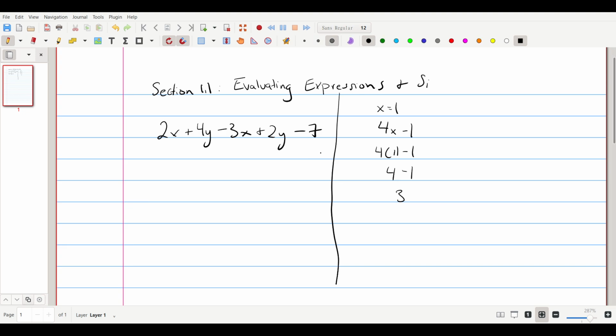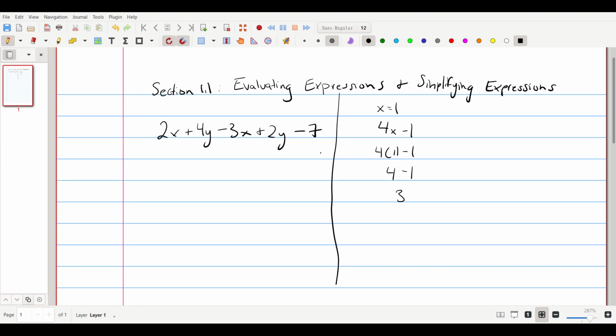In simplifying expressions, we're just going to add the like terms together, right? Things that are of the same type. So we want to put the x's with the x's, the y's with the y's, and the regular numbers with the regular numbers.